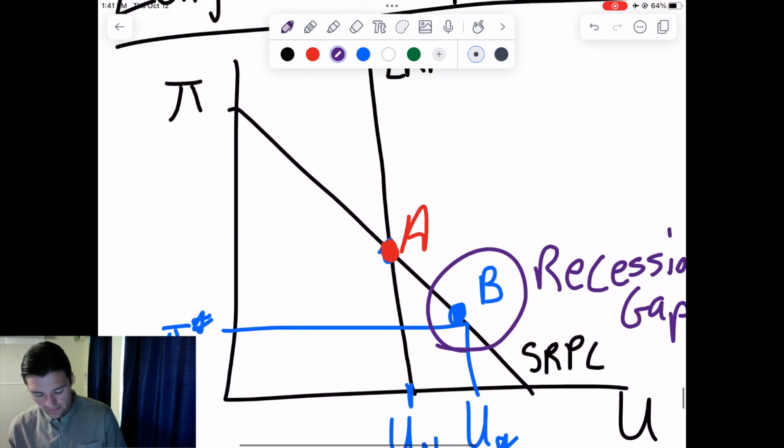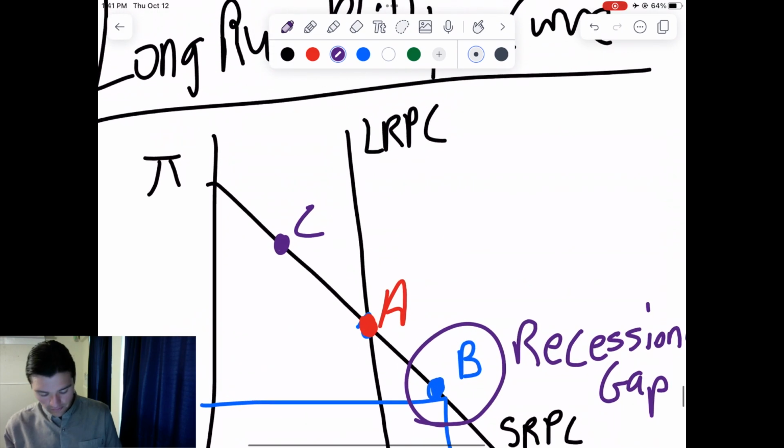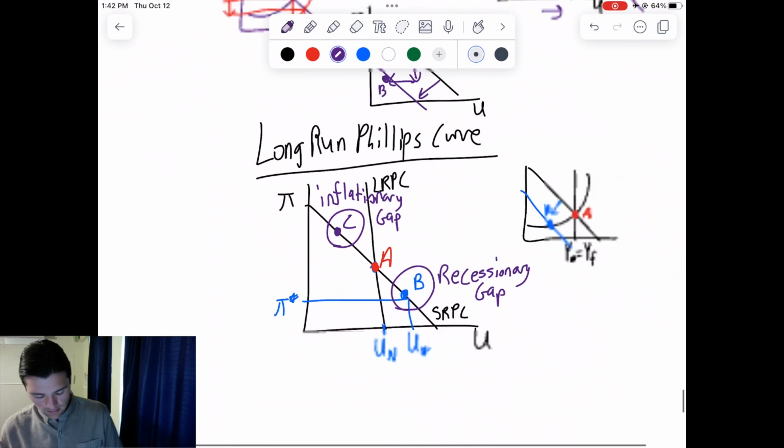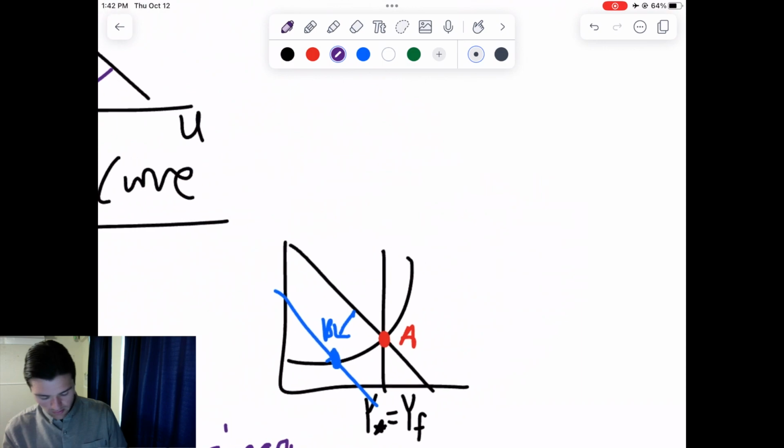If you were to the left of it, such as point C, you have very high levels of inflation, so therefore you are in an inflationary gap. So that is the long run Phillips curve. It is a vertical line at your natural rate of unemployment.